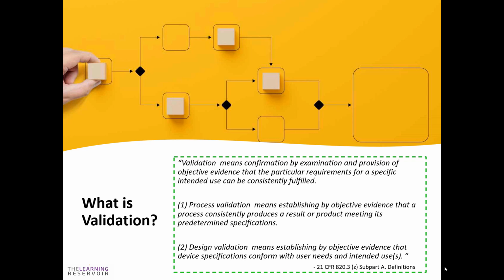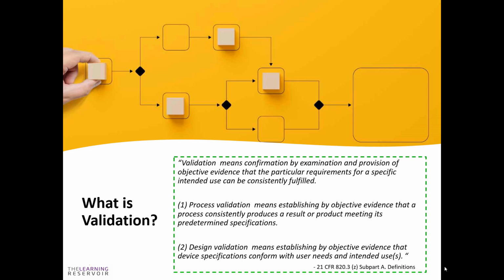There are two types of validation called out in subpart A, and one is process validation, which is the focus of this video, and it defines process validation as establishing by objective evidence that a process consistently produces a result or product meeting its predetermined specifications.